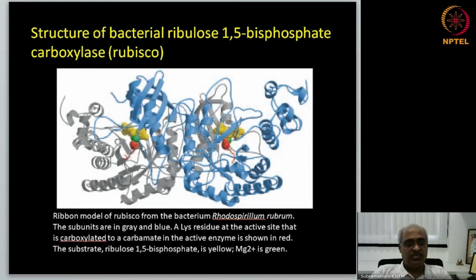So you have the magnesium here, and this is an important lysine residue that plays a role, and this is the Ribulose 1,5 bisphosphate substrate, the yellow color one. So this is a lysine that is in carbamoyl form in the side chain of the enzyme that plays an important role in the catalysis. So all of that coming in the next couple of slides.